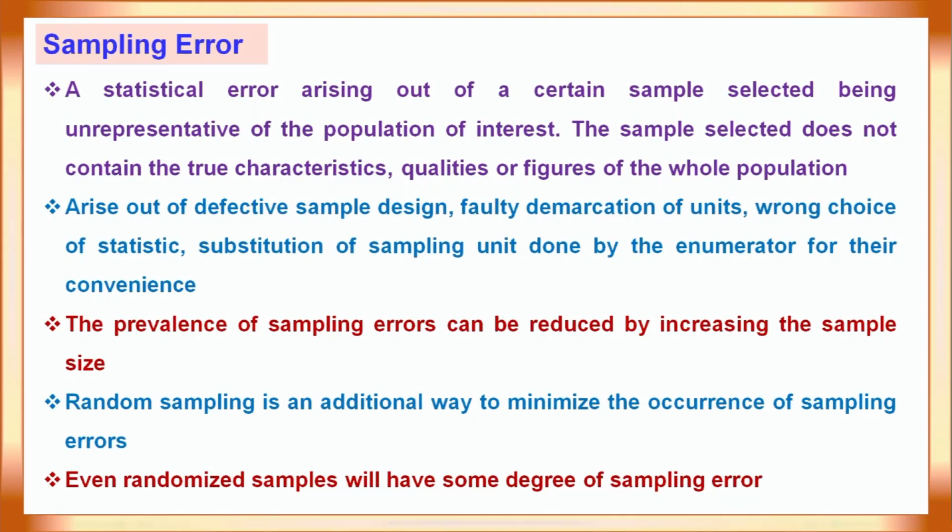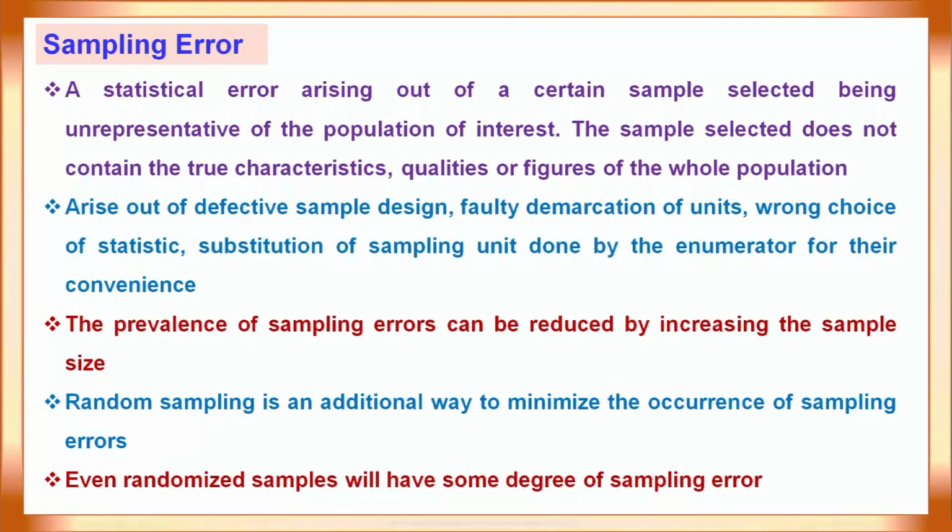What I told is that sampling error is because you choose to select a sample instead of surveying the whole population. Sampling error is a statistical error arising out of a selected sample being unrepresentative of the population of interest.